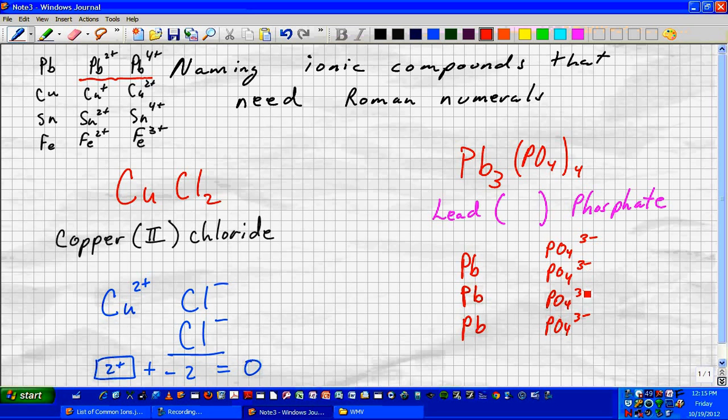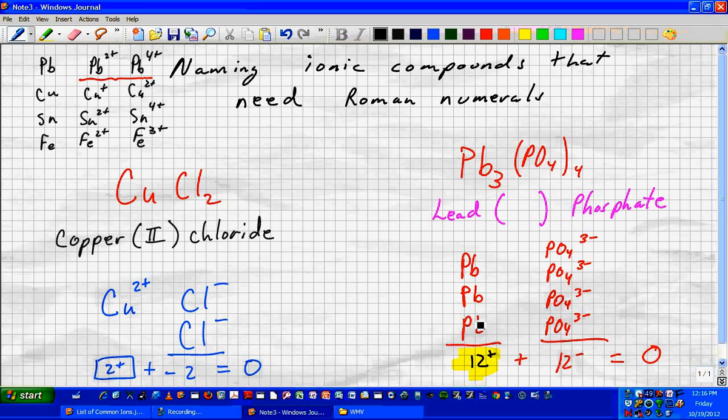So -3 plus a -3 plus a -3 plus a -3 gives me a grand total of -12. And again, this thing's got to add up to 0. So I'm looking for something here that's got to be a +12. +12 plus a -12 is going to give me 0.